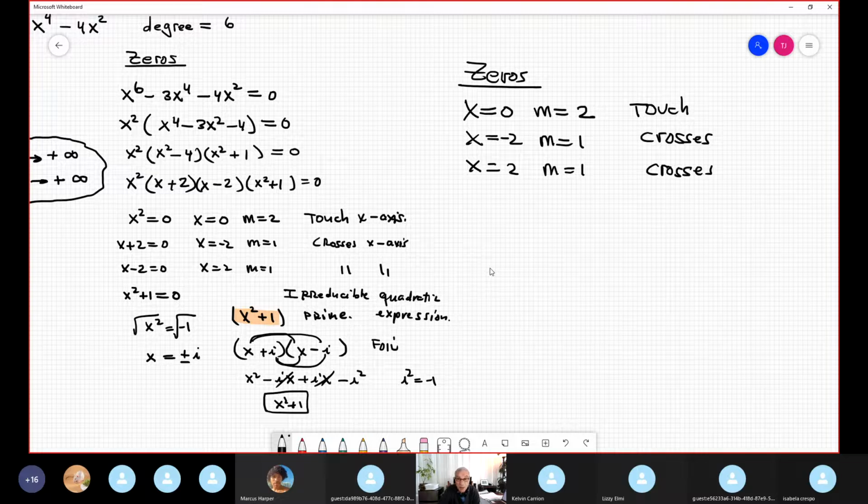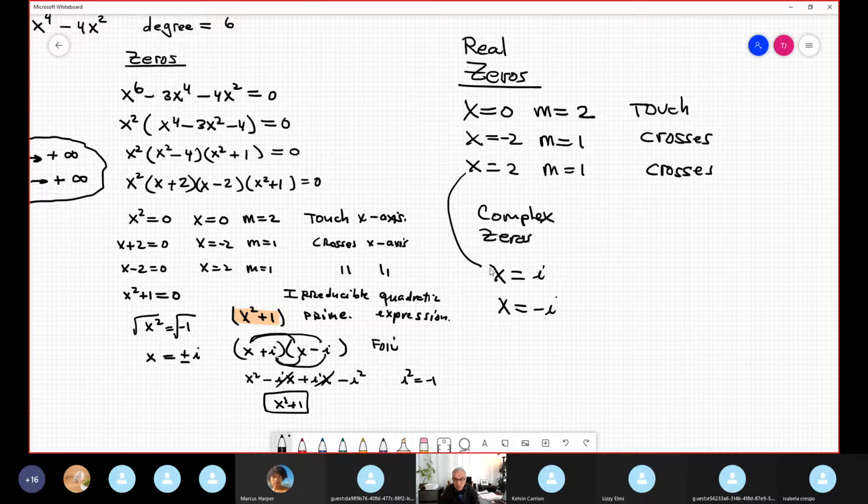We are talking about real zeros. If you extend to the complex or imaginary, complex zeros include real and imaginary, then you list additionally x equals i and x equals minus i. In this case, in the real field where we are doing the graph, the xy plane, everything is real, and you don't see this complex. It's invisible.